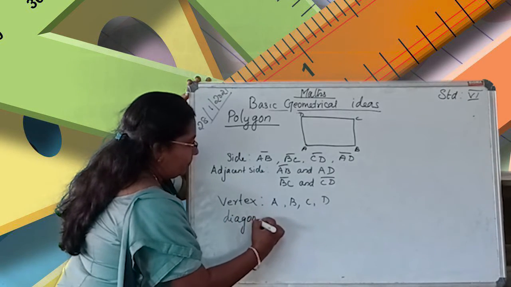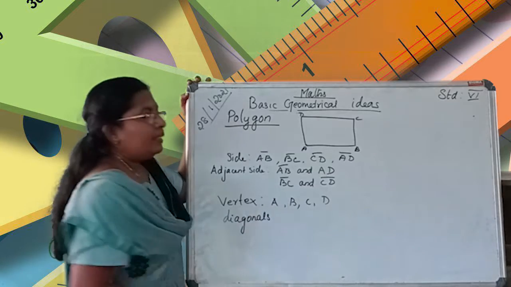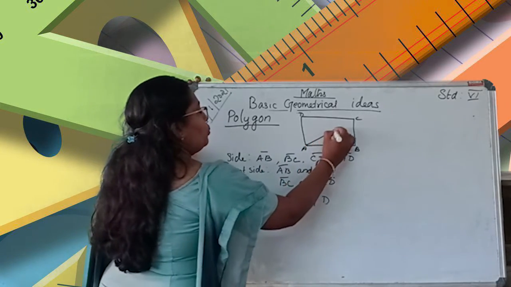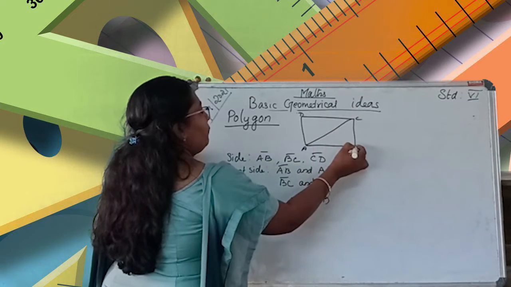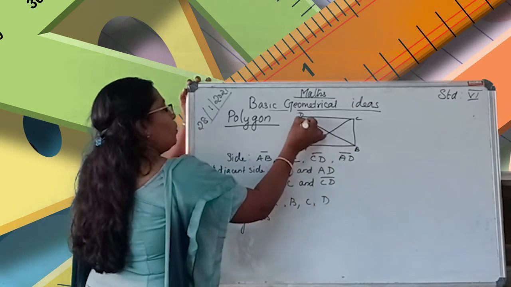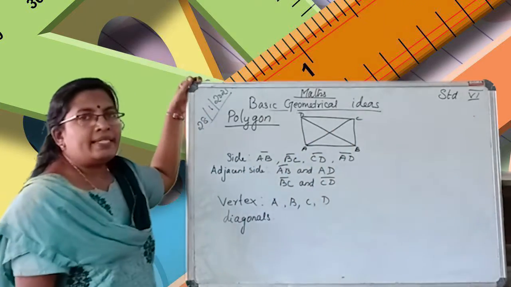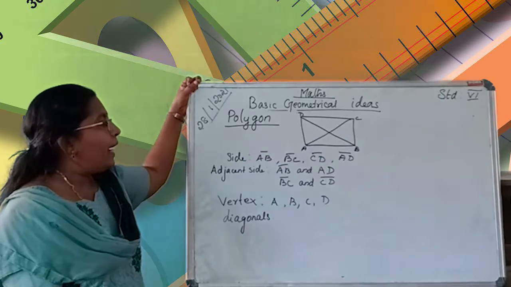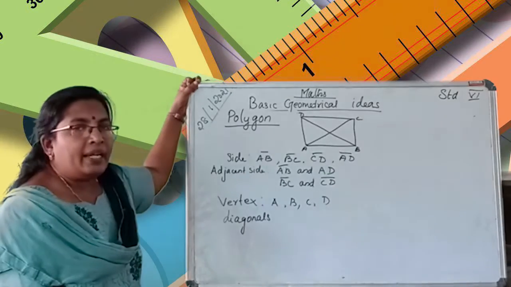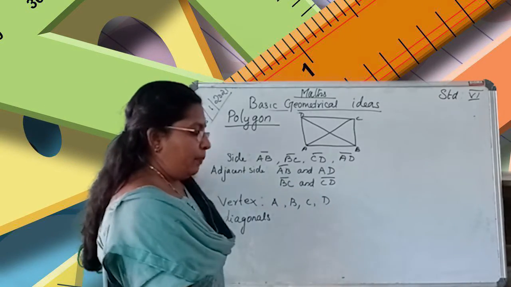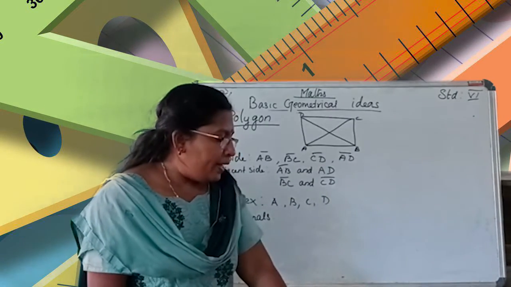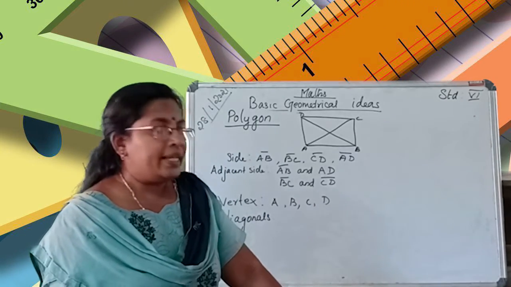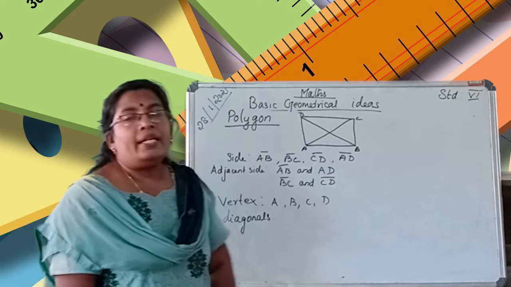Next is diagonals. Two opposite vertices joined by a line segment form a diagonal. That means the join of any two non-adjacent vertices is called a diagonal.